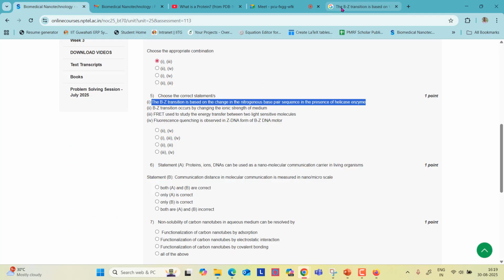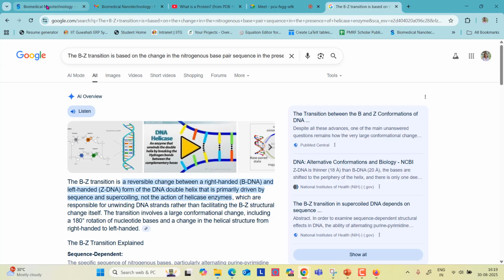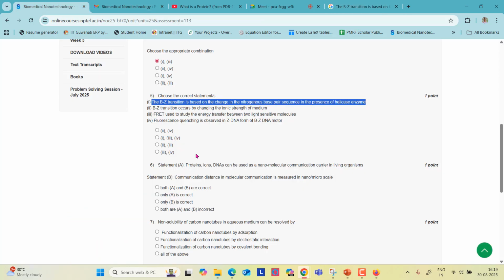But here it is directly said it is wrong, so I have to search again. For the time being, you can mark 3, 4 only. If it comes incorrect, then we will see what to do.